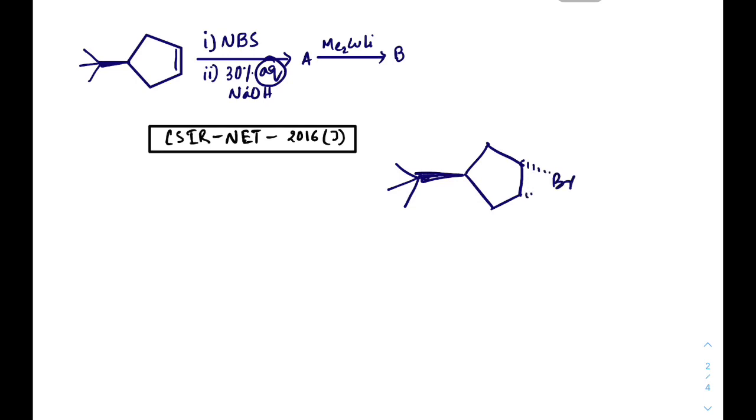So the reaction will be like this, it will form below the plane. After that in basic medium OH minus will attack from above the plane and it will form this type of product.